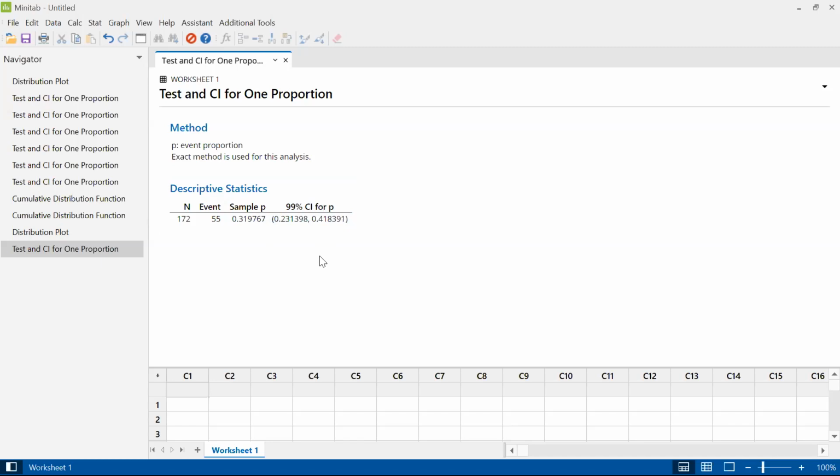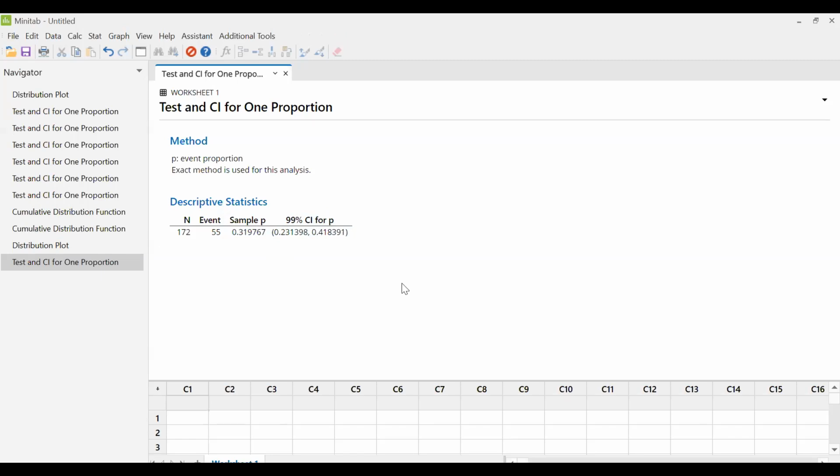So we could just find it by doing a subtraction. If 0.3198 is what it ended up coming out to when we rounded off, and that's in the middle, how far is the middle from the top?